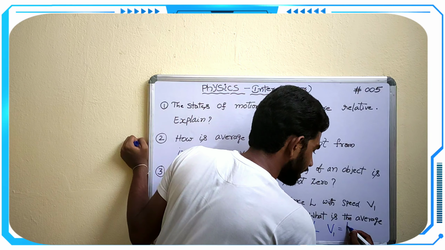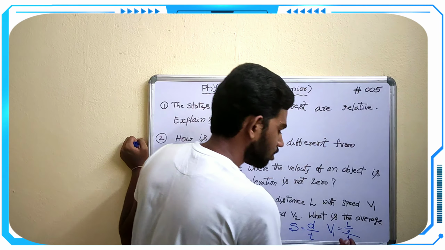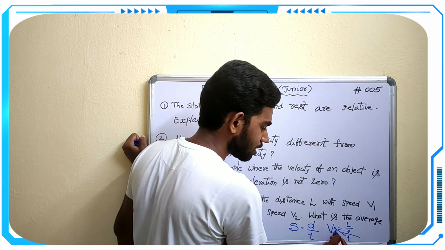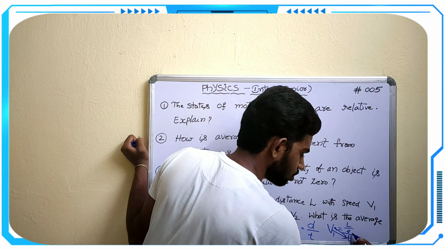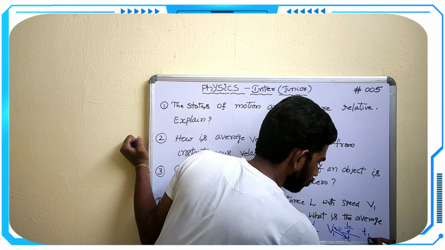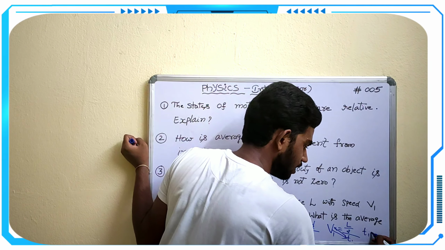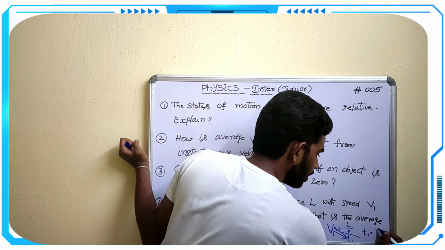Very important, friends: L by 2 by t. So t gets transposed here, and v1 gets transposed here, so 2 will be multiplied by v1. Then t1, the first distance time, is L by 2v1.